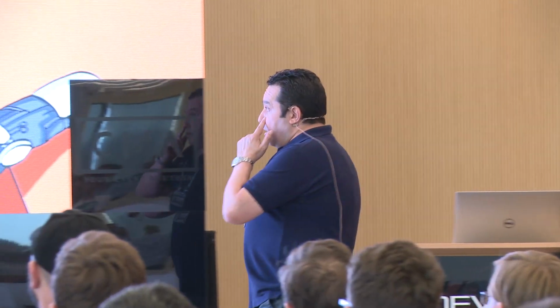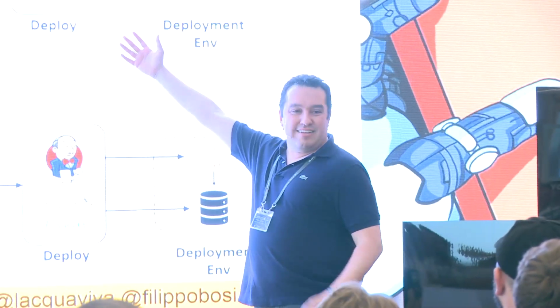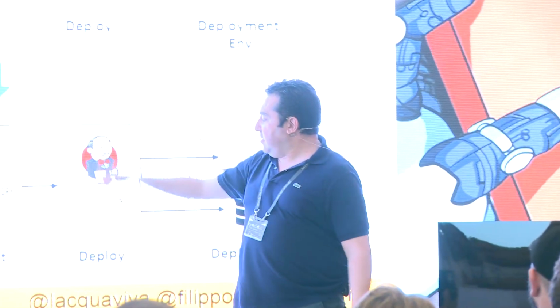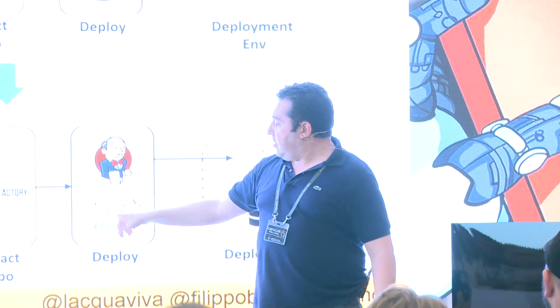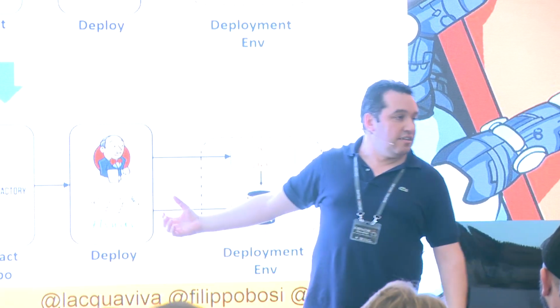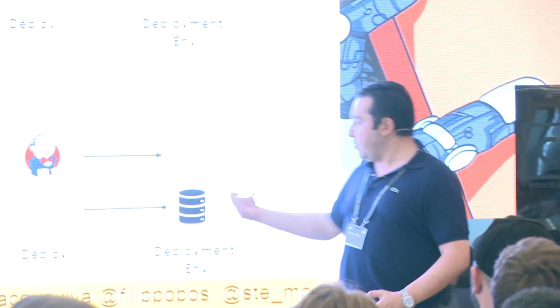You have one team, usually, one project, one repository, one pipeline, and just one deploy. This is nothing different from a normal deployment pipeline. You just add a new kind of tool that takes care of the database updates back and forth.